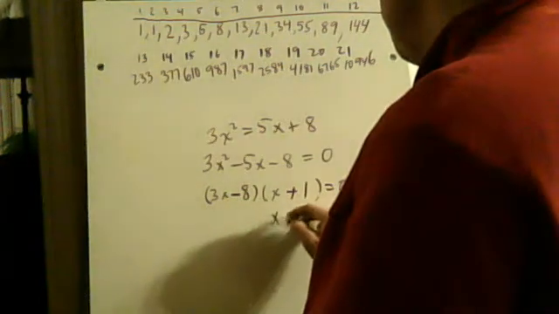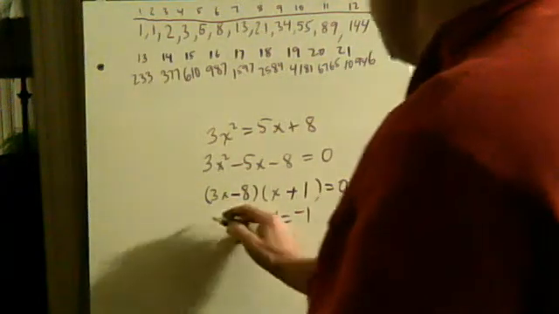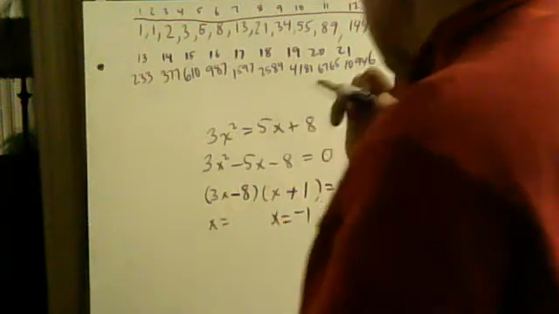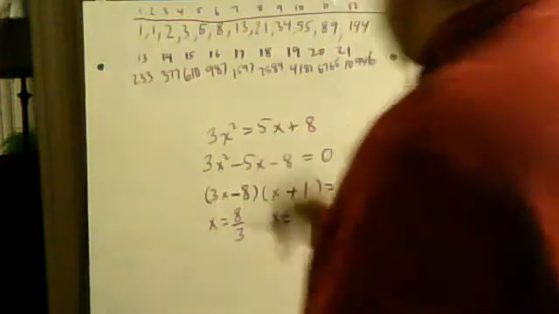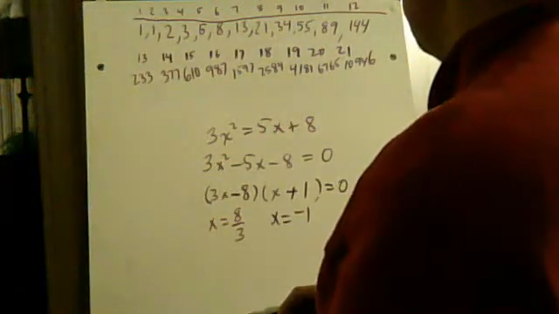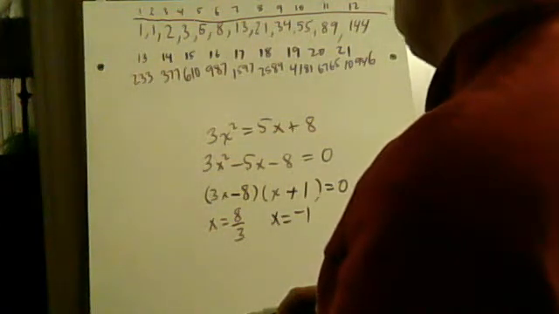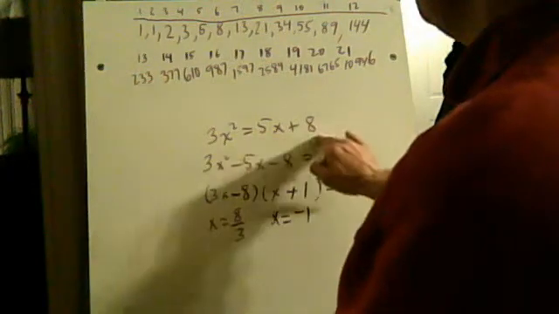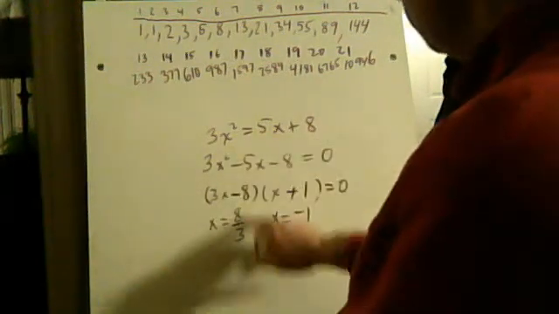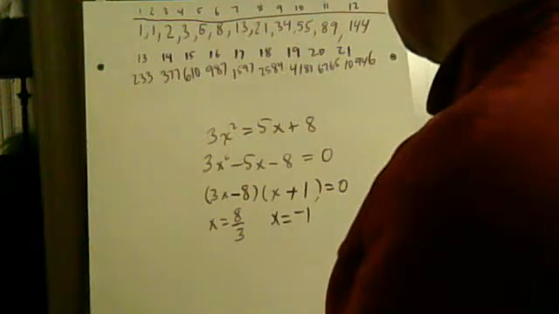This is going to give us two solutions. x equals negative 1, and x equals 8/3. That's it. Now, the coefficients of this were Fibonacci numbers. That's the ratio of two Fibonacci numbers.